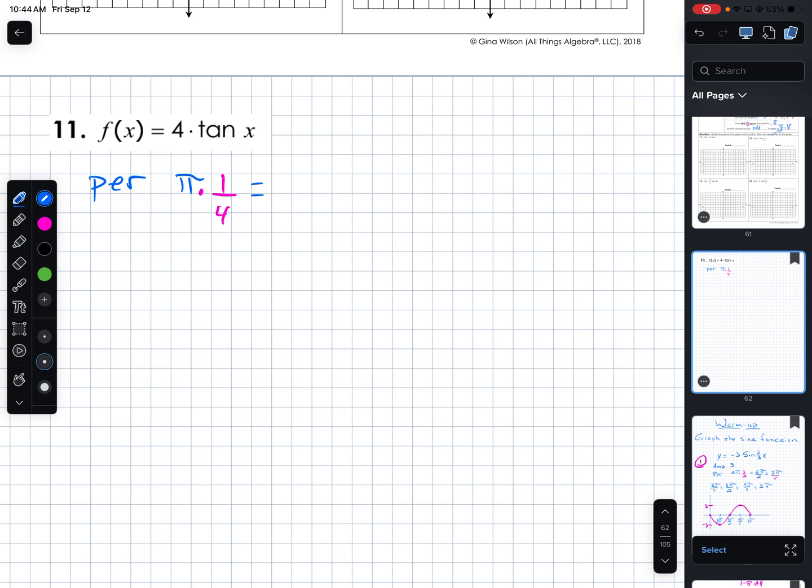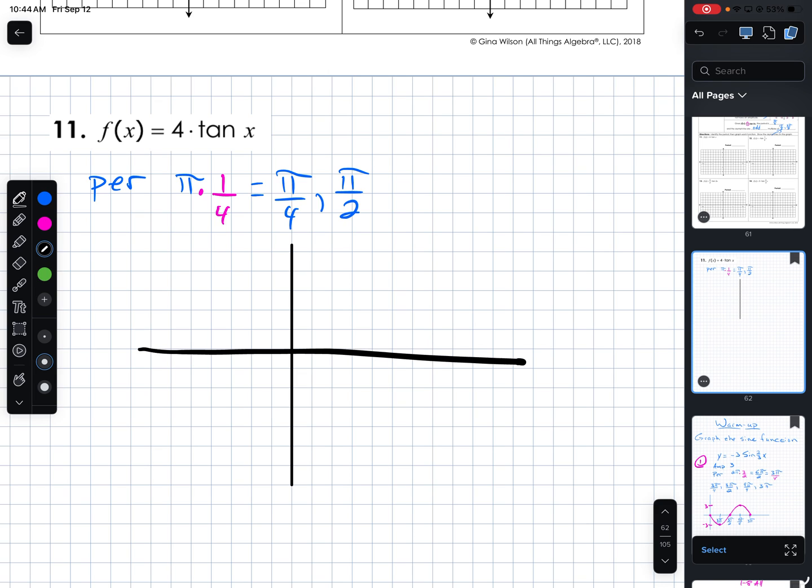When I multiply by 1/4, I get pi over 4. What's the next one after pi over 4? 2 pi over 4, which reduces to pi over 2. So when we graph this, we're going to get a graph in the middle. Actually, let's make that bigger. We're just going to graph like a regular old coordinate plane.